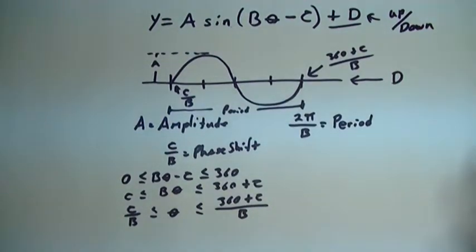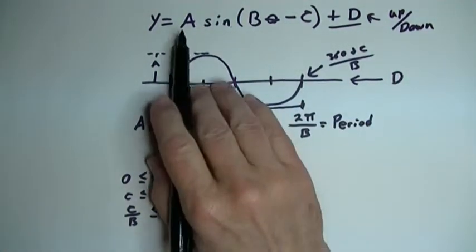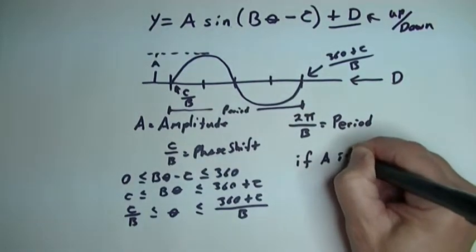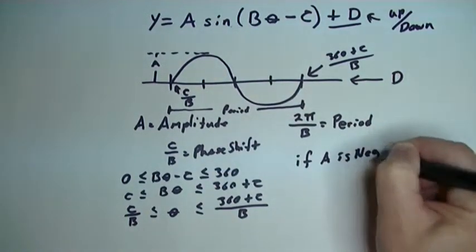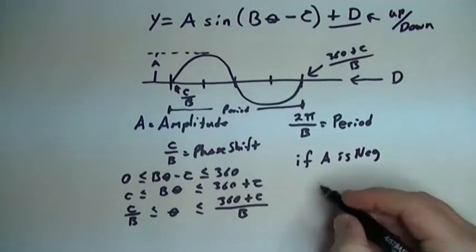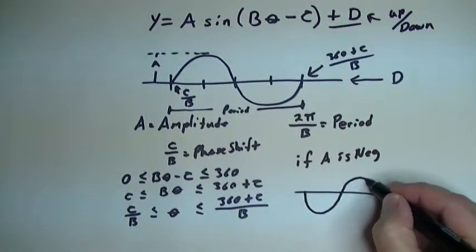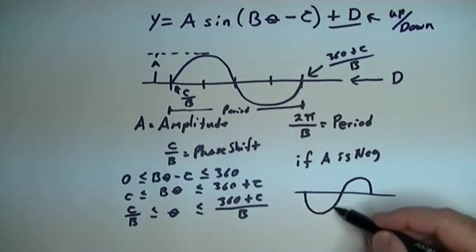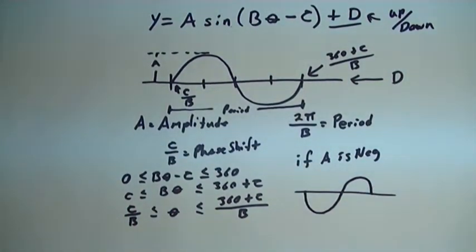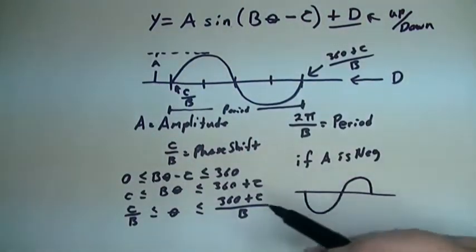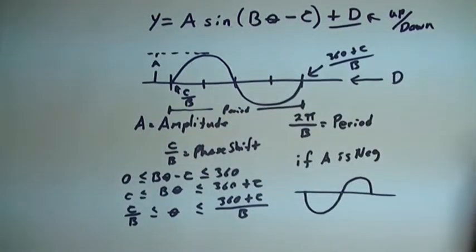About the only other thing you can do is say, well, if a is negative, then just think about starting off with an inverted graph, one that goes down, then comes back up. Everything else will be the same. And you can calculate your period, your phase shift, and your vertical shift all from there.